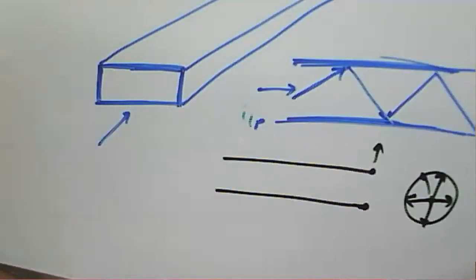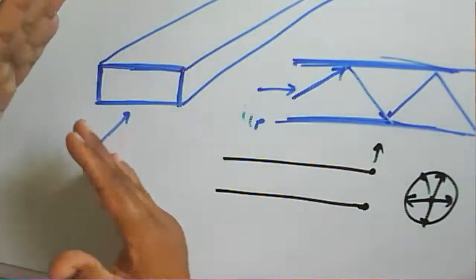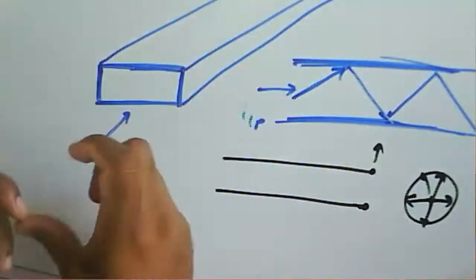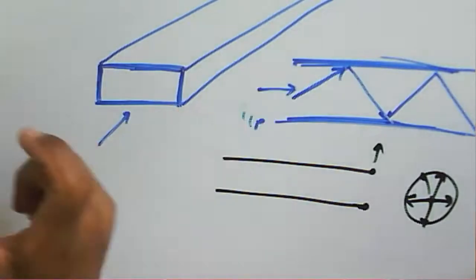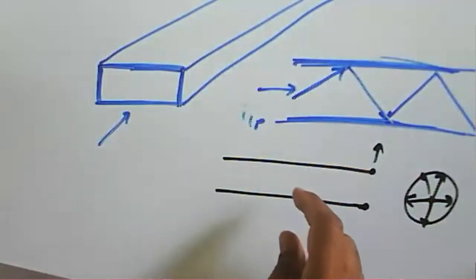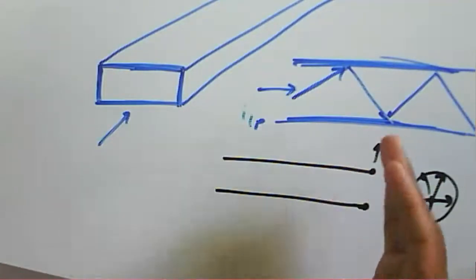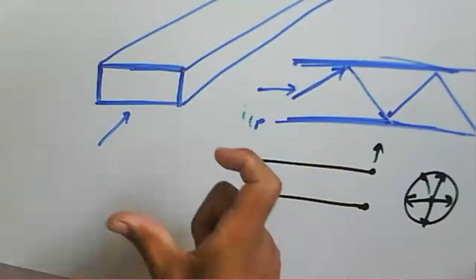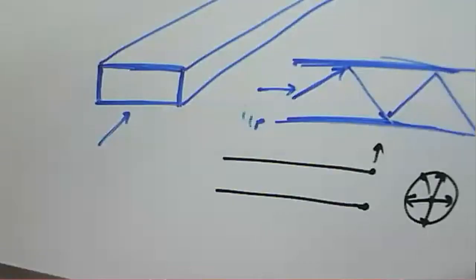But a rectangular waveguide will support a high-frequency signal. The rectangular waveguide is a transmission medium for microwaves. A wire propagates only low-frequency signals, not high-frequency signals, but a rectangular waveguide supports high-frequency signals.